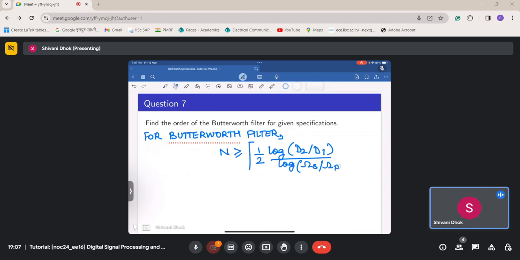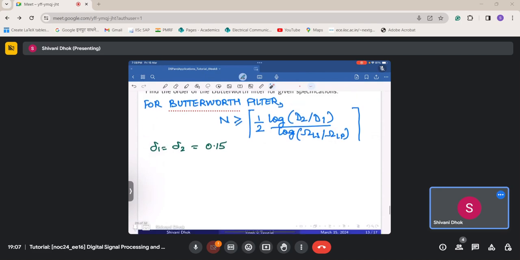So to be very specific, omega ls by omega lp. Now we know the value of this, we know the value of this. Another thing that we know from the given specifications is delta 1 is equal to delta 2 is equal to 0.15. It's given. Now, what we don't know is the value of d2 and d1. So let us try to find that out.